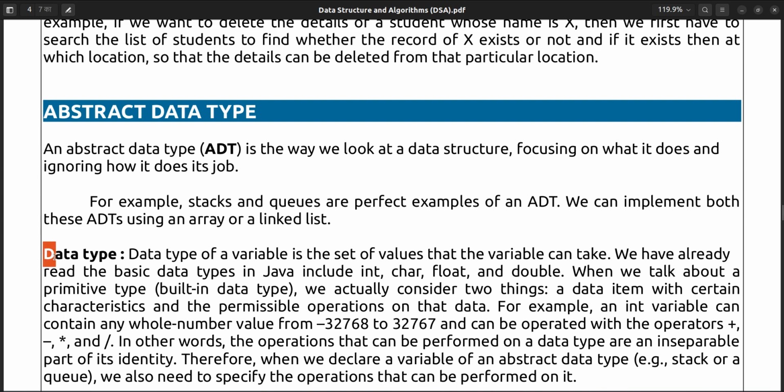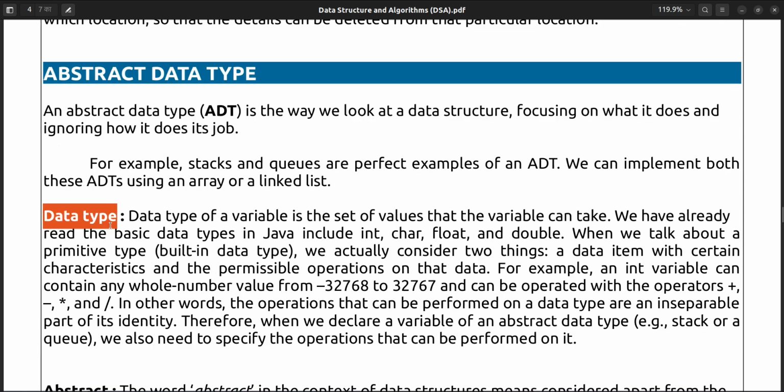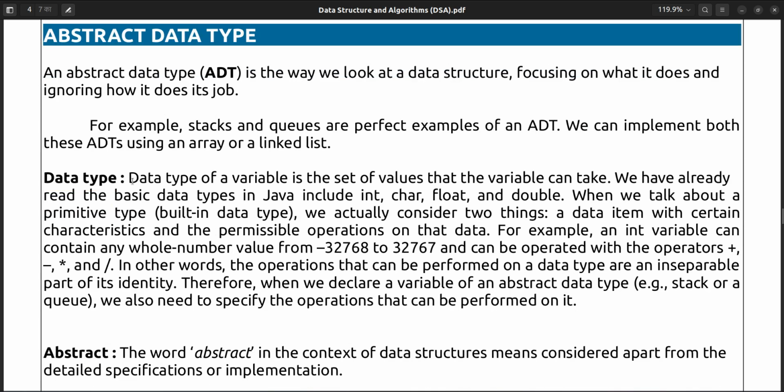To know more about abstract data type, let's split the two words. What is a data type? The data type of a variable is the set of values that the variable can take. We have already read the basic data types in Java, including int, char, float, double, boolean, long.